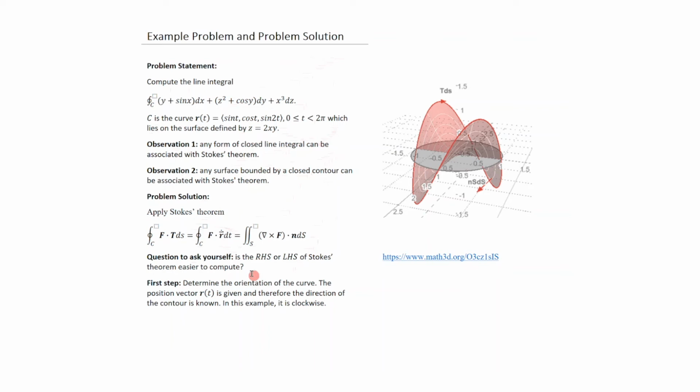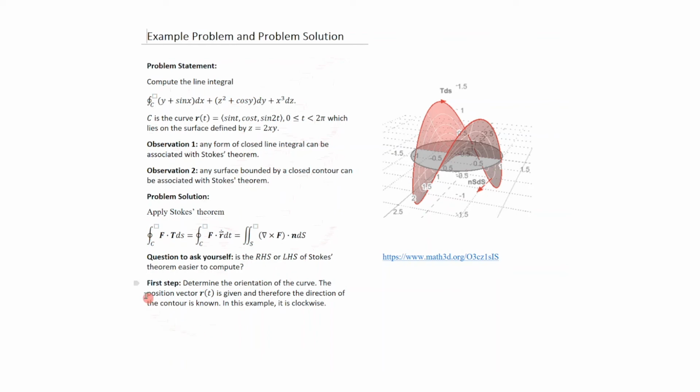So the general question you might ask yourself is, which is easier to compute, the left-hand side or the right-hand side? It'll be case by case, and generally speaking, you'll want to take the simplest possible approach unless someone asks you to do it in a specific way. The first step is to determine the orientation of the curve.